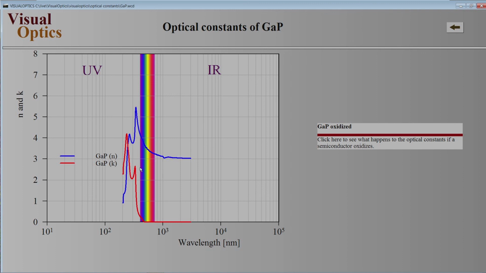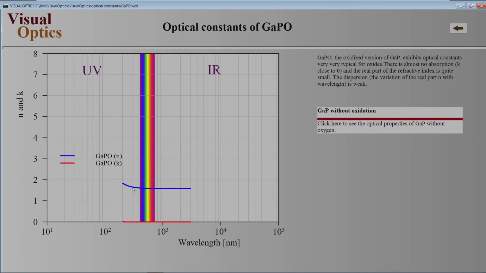If we go to an oxide or a nitride version of this material, and here I can show you the oxidized version of gallium phosphide, then the situation gets much simpler. So if we look at the oxide version, there's only maybe a single interband transition somewhere here. We have weak dispersion, small, almost boring real part of the refractive index, and K is almost 0 everywhere.